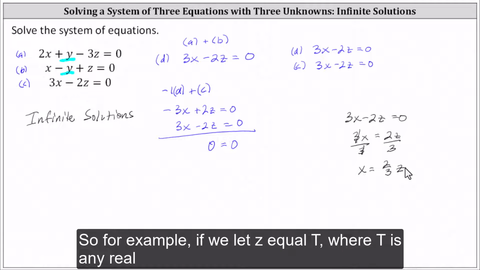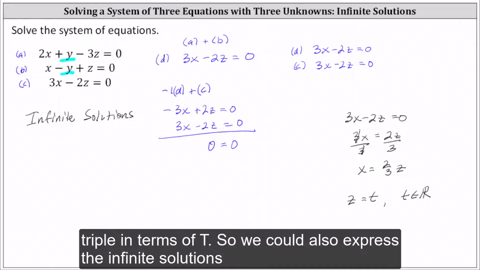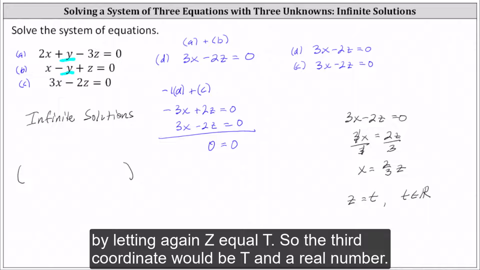So for example, if we let z equal t, where t is any real number, we could also express the infinite solutions as an ordered triple in terms of t.